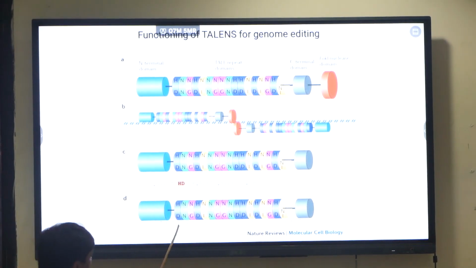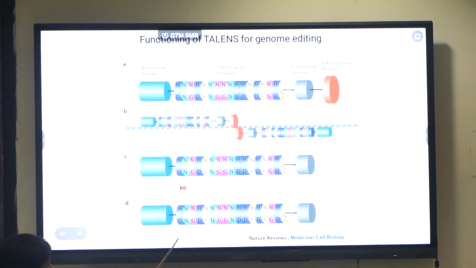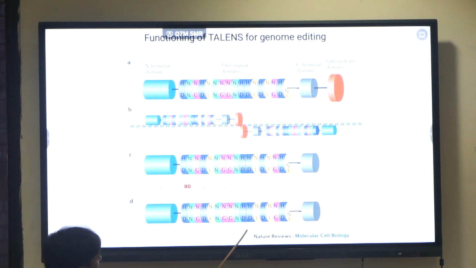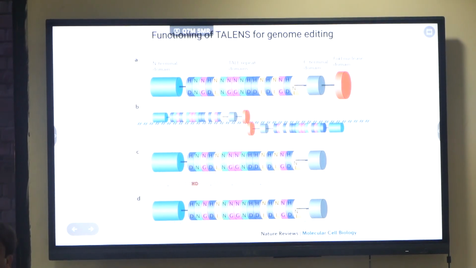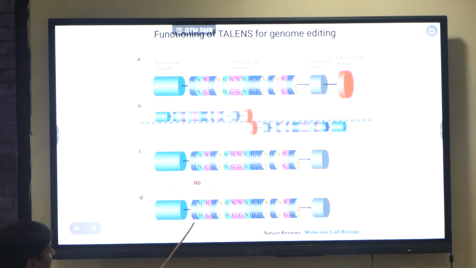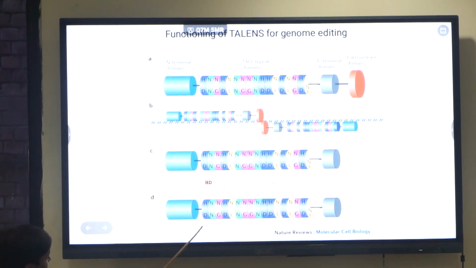So now if you have this particular sequence, this is my target sequence now. My target sequence is what? CGT, CAG, TTG, CCA. So now I will make the central repeat region in such a way that my RVDs starting from here will recognize C, G, T, C. So this C is recognized by HD.